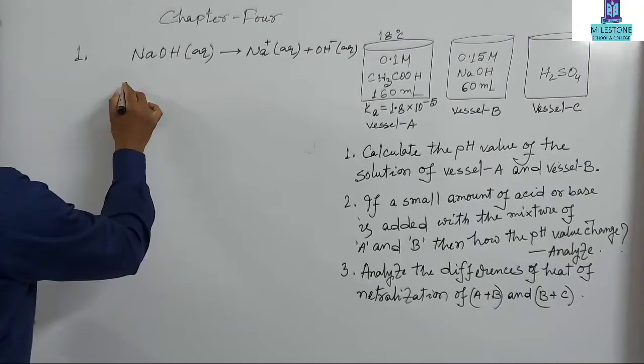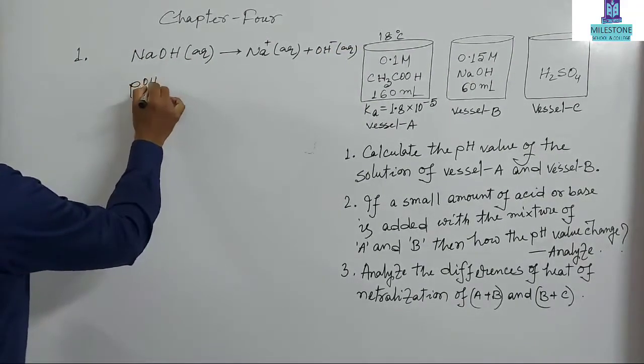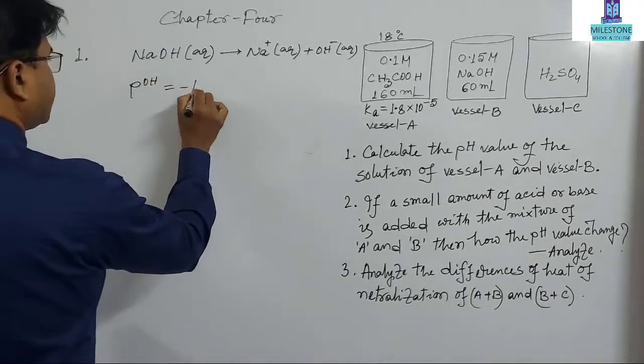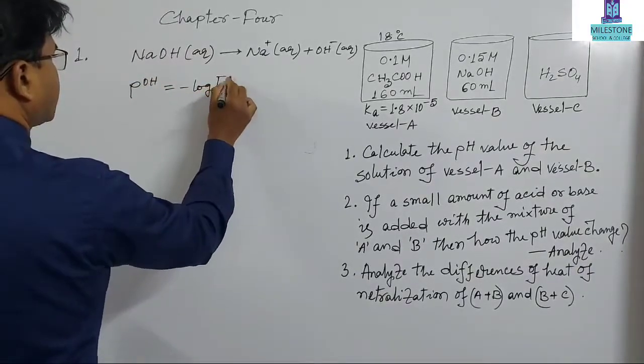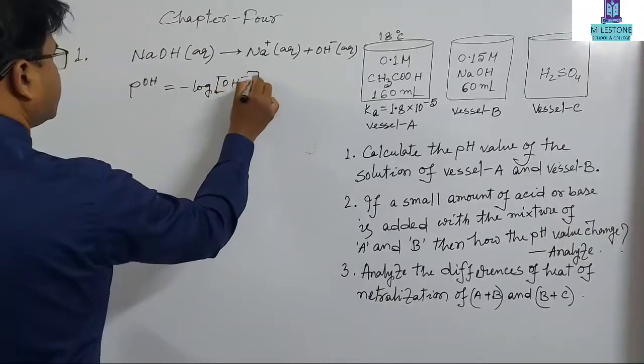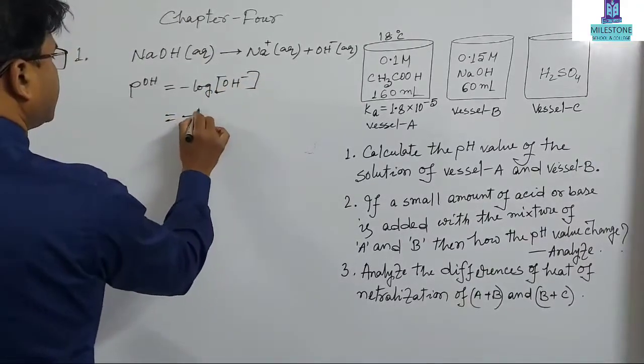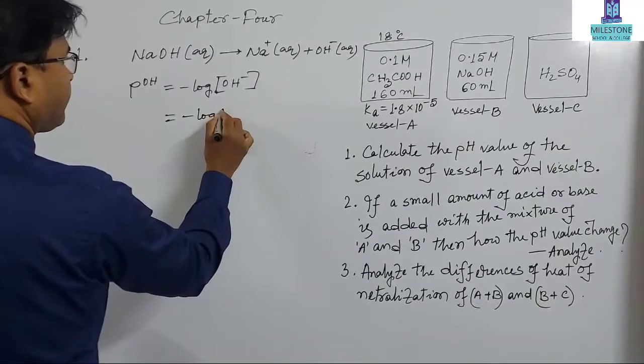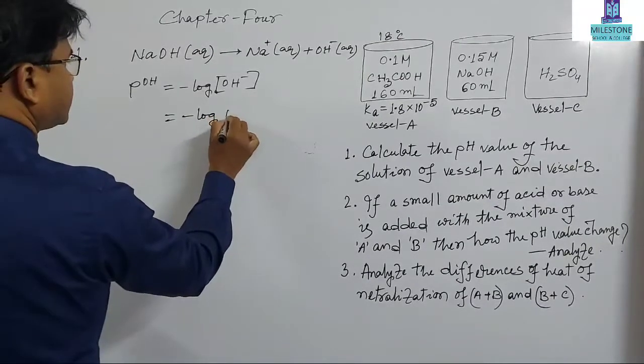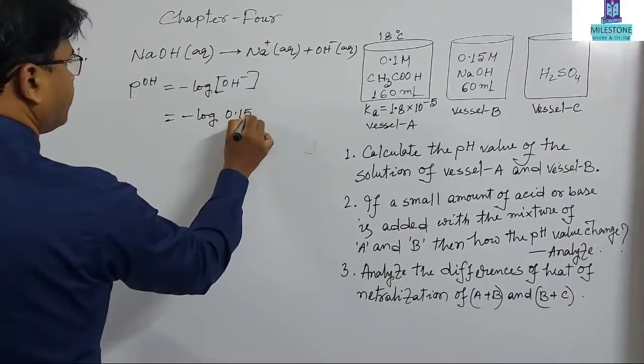Here pOH is equal to minus log of the molar concentration of OH minus ion, which is equal to minus log 0.15.